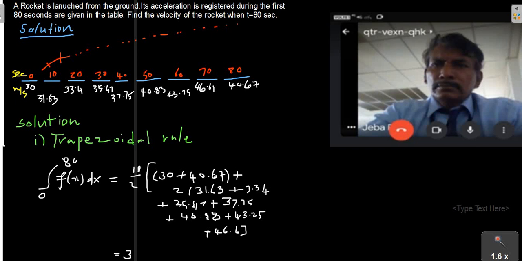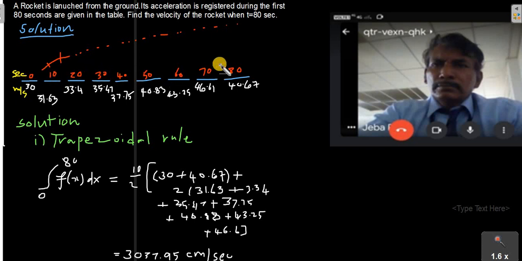So if you simplify this, what you are getting is 3037.95 centimeters per second. This is the velocity of the rocket when it reaches 80 seconds. So when t is equal to 80, what is the velocity?